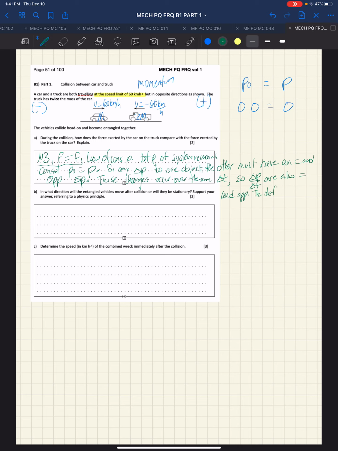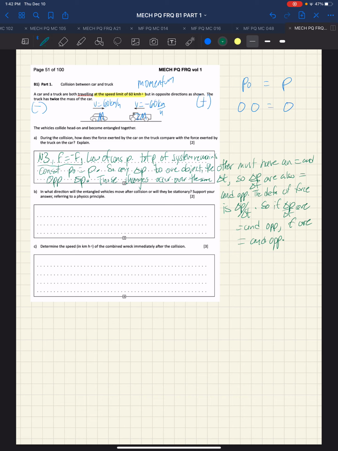The definition of force is delta P over delta T. So if delta P over delta T are equal and opposite, F are equal and opposite. And those are the pieces.